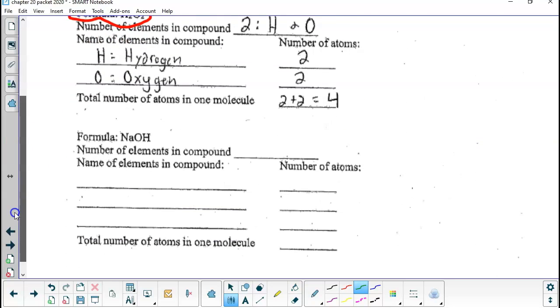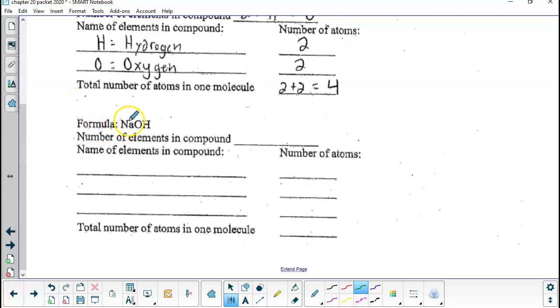Okay, so let's look at another one here. This formula says NaOH. And you notice that the a is lowercase. That tells me that's not its own element. The a goes with the N. Each element's going to have a capital letter. So actually, I have 3 different elements here.